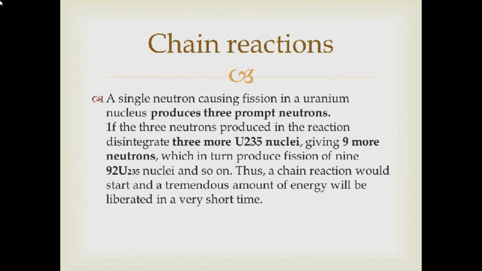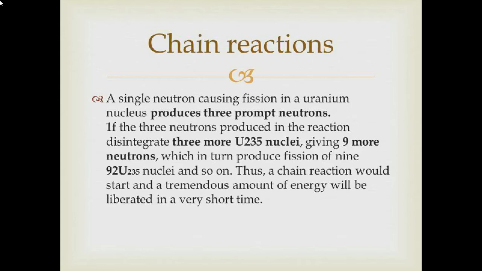These three neutrons will again bombard another three uranium nuclei, giving out nine more neutrons, and this process will continue. This process happens in a chain reaction. It does not stop there; it will go on bombarding another uranium, with the liberation of again three neutrons, which will again bombard another three, and it will go on.